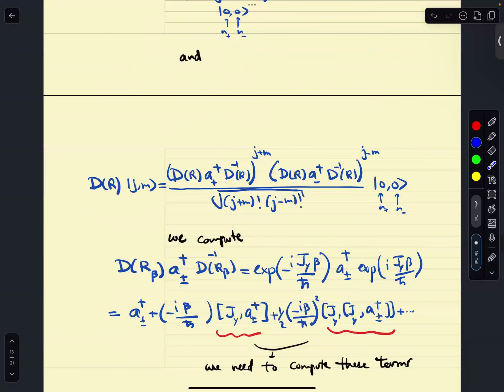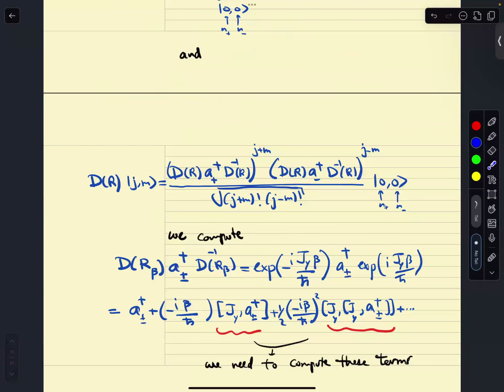All right, so what does that look like? Well, this is going to be D of R acting on JM. What is JM? If you recall, JM is a plus dagger to the power of J plus M, a minus dagger to the power of J minus M, with these coefficients down here in the denominator, acting on 0 and 0.